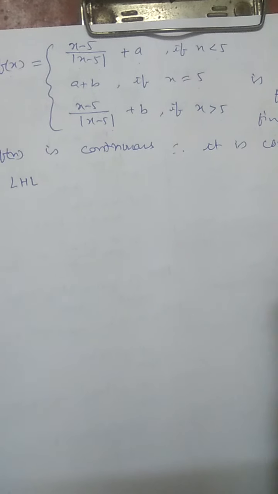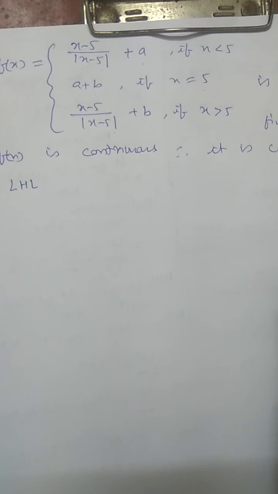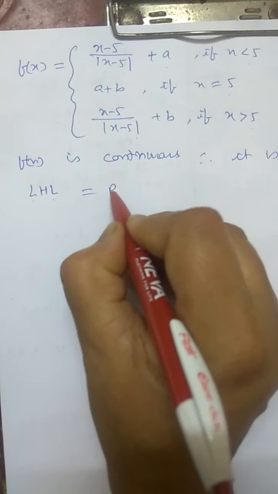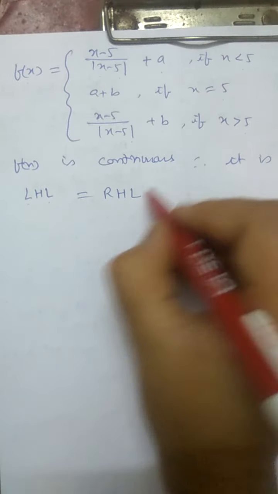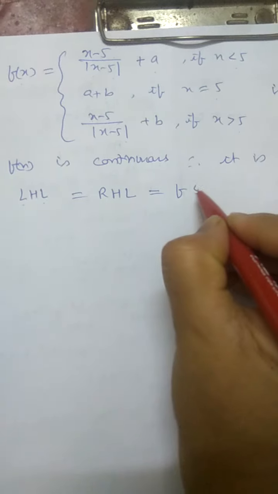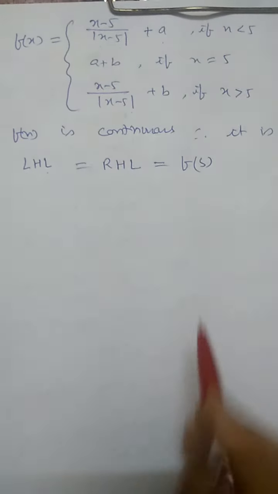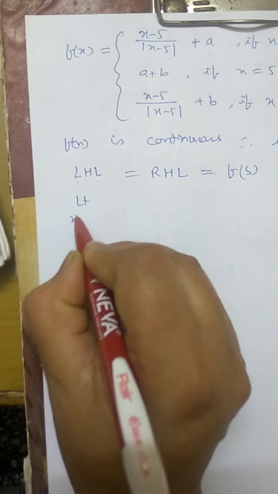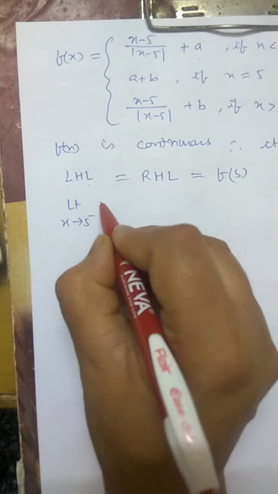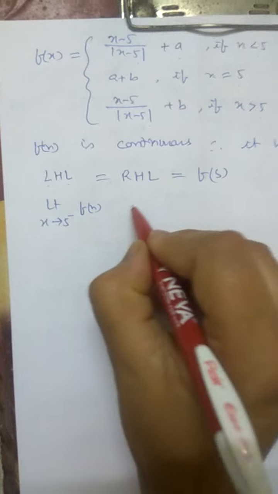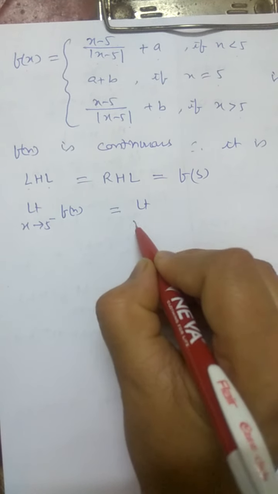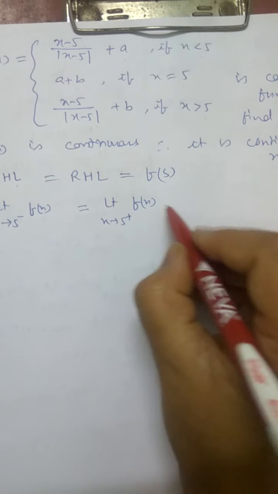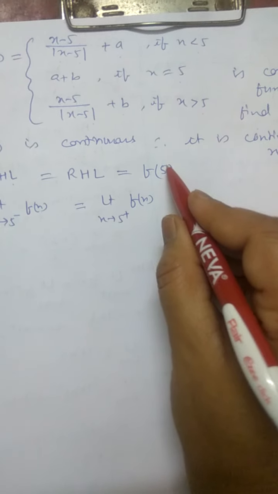If it is continuous at x is equal to 5, it means left hand limit is equal to right hand limit is equal to value of the function. That means f(5). For left hand limit, we have limit x tends to 5 negative f(x). For right hand limit, x tends to 5 positive f(x), and the value of the function f(5).